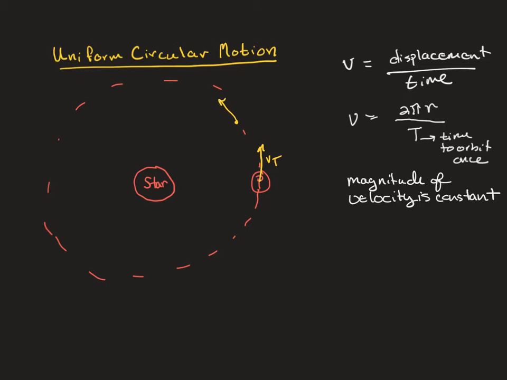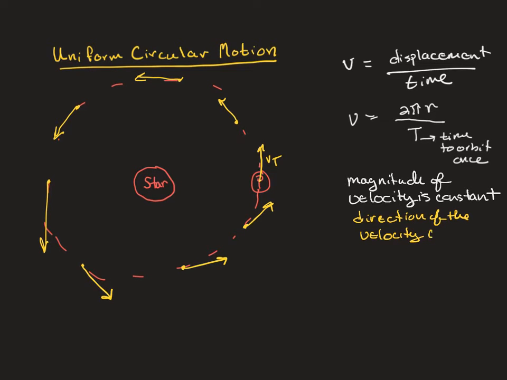So as the planet orbits around the star, you'll notice here that tangent to the orbital path, or tangent to the circle, the arrows don't point in the same direction. They change as the object orbits around the star. So the direction of the velocity changes.